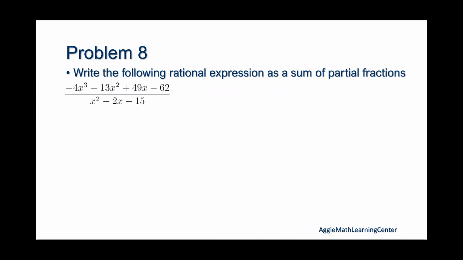Okay, so when we do the partial fraction decomposition, one thing that is important is the exponent on the numerator has to be less than the exponent of the denominator. Because otherwise we're going to need more than constants on the numerator and it's not going to work out.